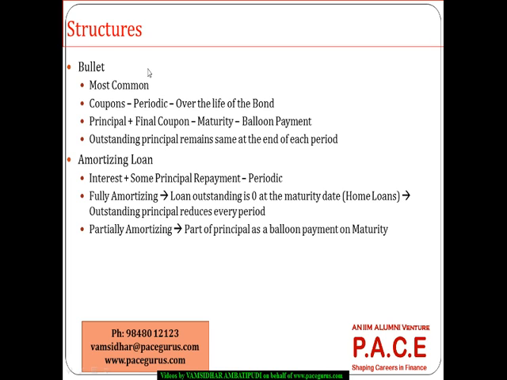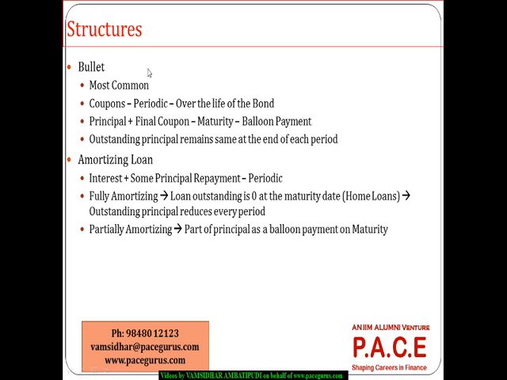Whereas there could be other structures which are partially amortizing, which means the entire principal is not repaid before the maturity date. A portion of the principal is repaid, which means on the maturity date, instead of the full principal amount, only a part of the principal needs to be paid like a balloon structure, like a lump sum, while the remaining portion of the principal would have been paid during the life of the bond.